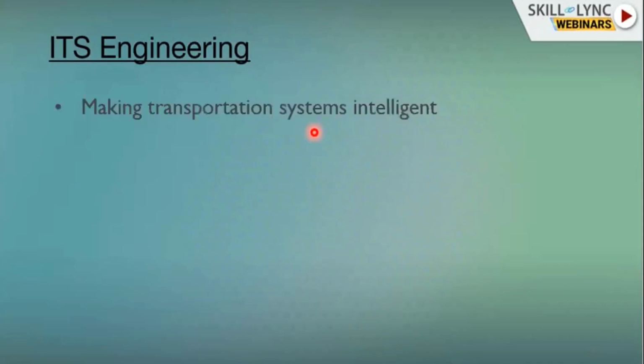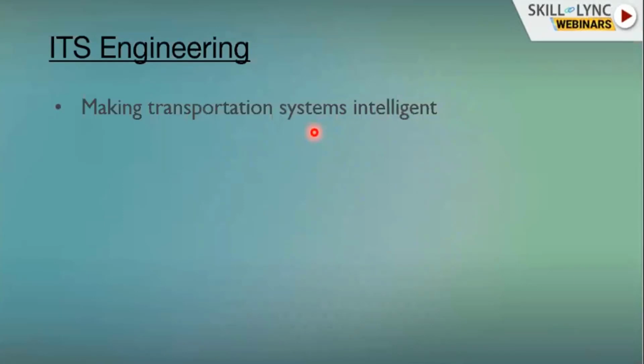What this is, to put it simply, is making your infrastructure intelligent. Making transportation systems intelligent. Now, when you say intelligent, what do you mean? It simply means that the vehicle should be able to talk to and interact with the infrastructure.